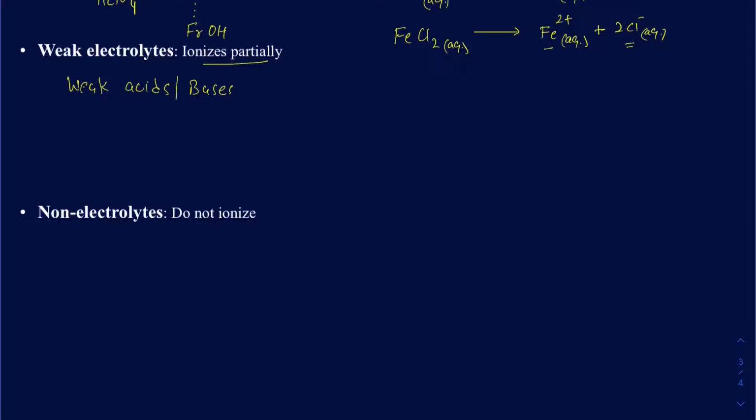So suppose I have this AB aqueous when it's dissolved in water. Now when it dissolves in water, it breaks partially into ions. So you will have an arrow going both ways. That's going to be the difference between writing the reactions of the strong electrolytes and weak electrolytes. So you see the ions being formed in there, but not all the way.